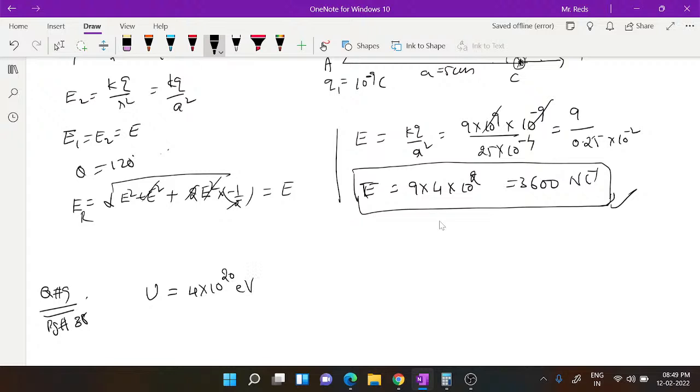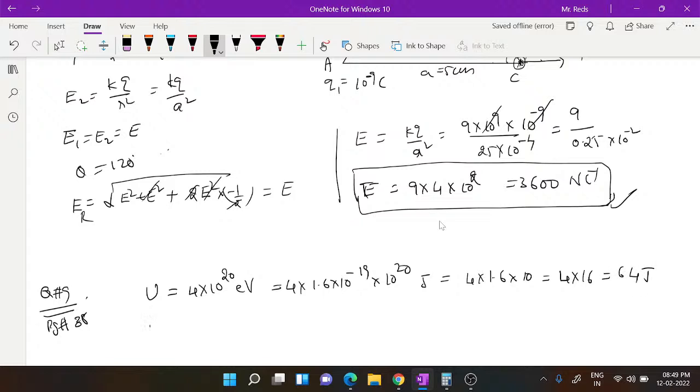But electron volt is not the SI unit of energy, so if you want to convert this into joules, you have to remember that 1 electron volt equals 1.6 into 10 power minus 19 joule. It is equal to 4 into 1.6 into 10 to the power minus 19 into 10 to the power 20 joule. Minus 19 plus 20 is 1, so it is equal to 4 into 16. 4 into 16, how much? 64 joule.